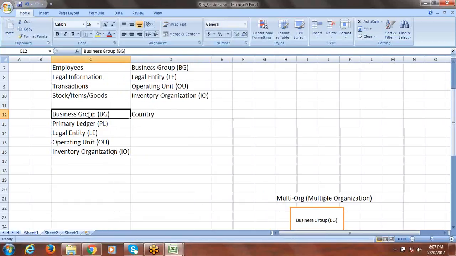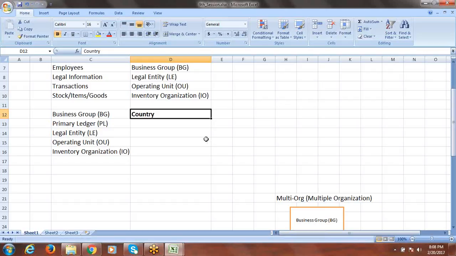On what basis will you decide how many business groups are required? Country basis. However many countries you are implementing for the client, that many business groups you have to create. Anyway, how many are really required should be decided by HRMS consultants, because based on how they want to manage the HR and payroll related information, they'll take the decision.